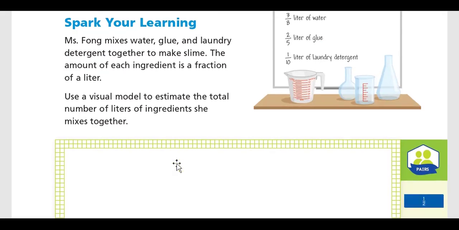So we need to estimate. If we estimate these numbers, 3 over 8: we know that 4 over 8 is half, so this is close to 1 over 2, half. Also 2 over 5 is close to half.